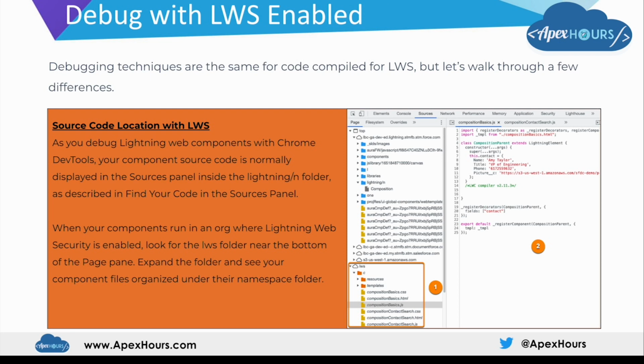So if it is enabled, then your modules would be in this LWS folder here, as you can see, and then you have to go to the C folder and search for the specific module. And if LWS is disabled, then it is supposed to be directly in this lightning/n folder.